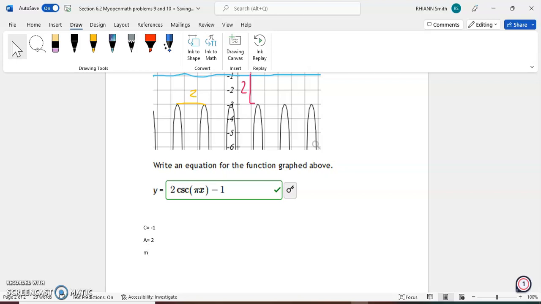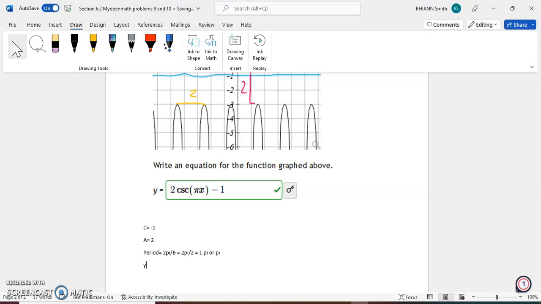And then we got our period, but we have to do the formula, which of course is 2 pi over b. But since we're so pros at this now, we can just do 2 pi over 2. So we know it's 2 spaces from one max to the other max, and it's evenly distributed. So that would just leave us with either 1 pi, or you can just write pi.